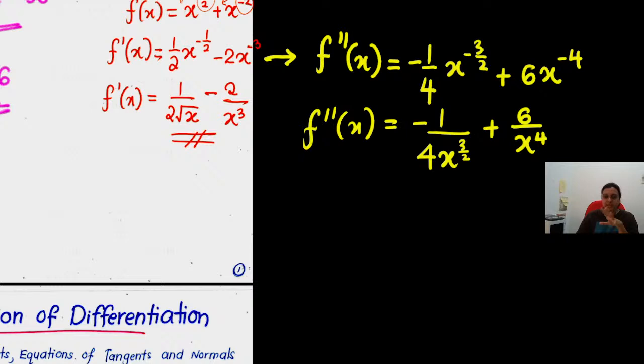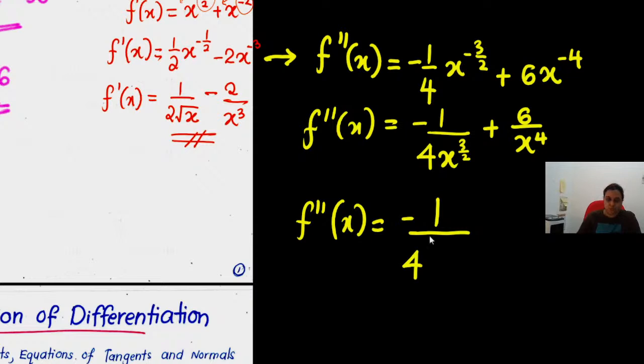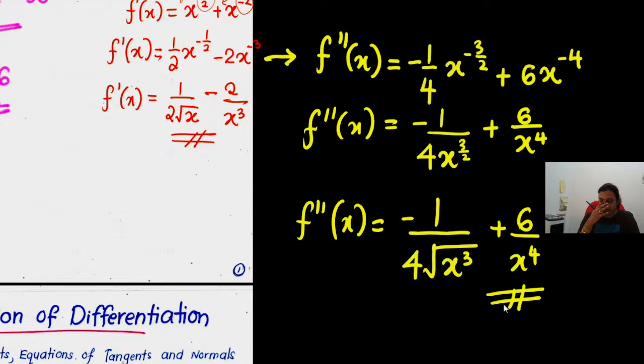Can, so far following? Up to here you can leave it, or sometimes, for the 3 over 2, you can write your final answer like this also, with the power 2. You can leave your answer like this also.